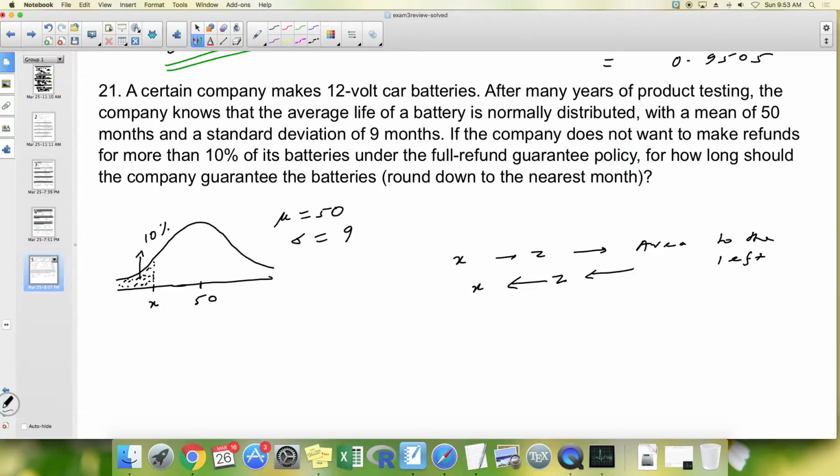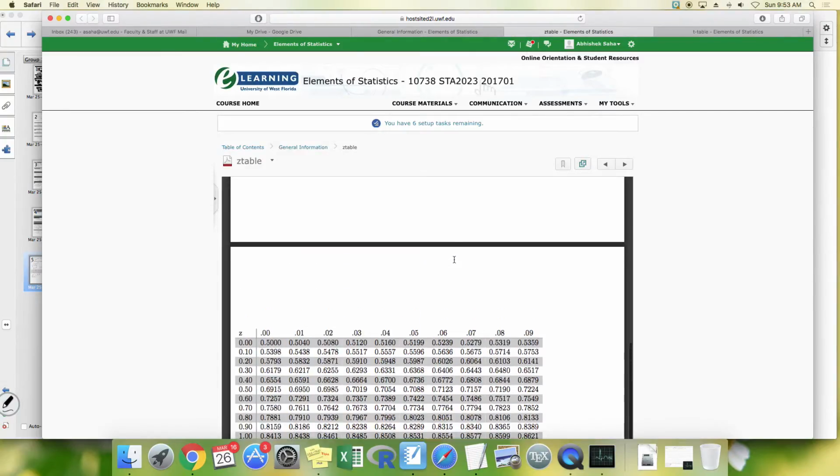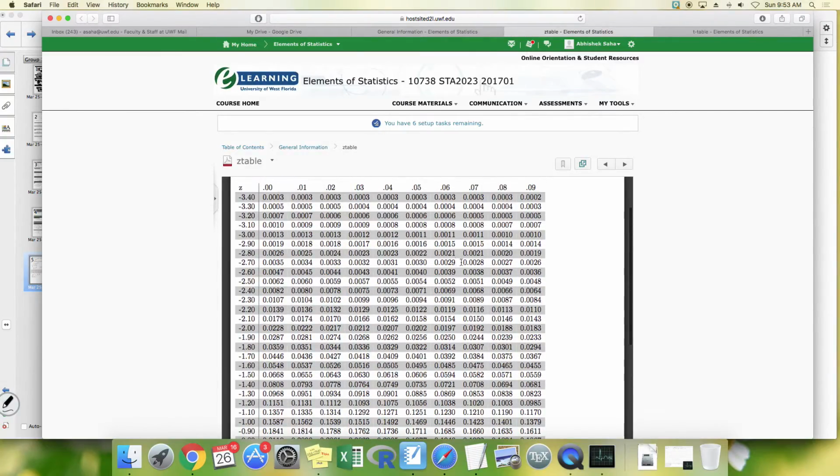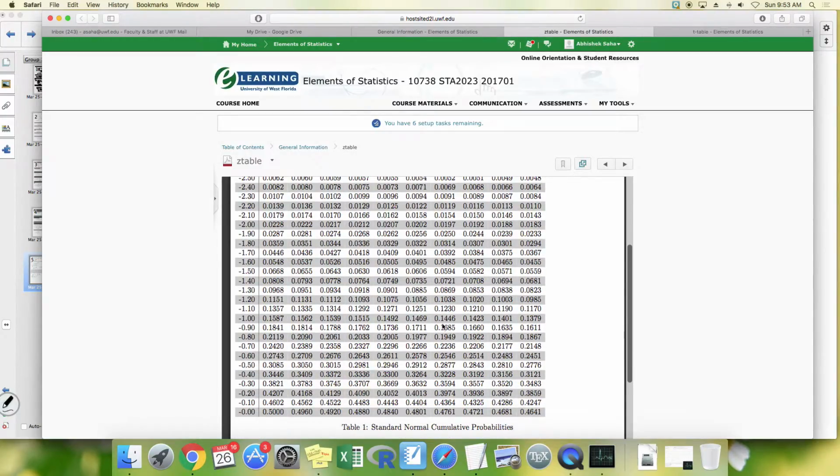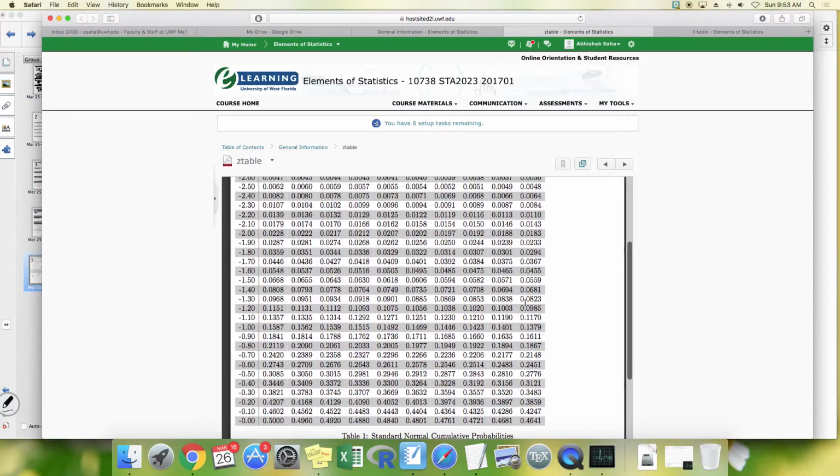So let's look at the z table, and we search for 0.1. Alright, so I can see it. It's 0.1003 and 0.0985. So obviously 0.1 lies between these two.